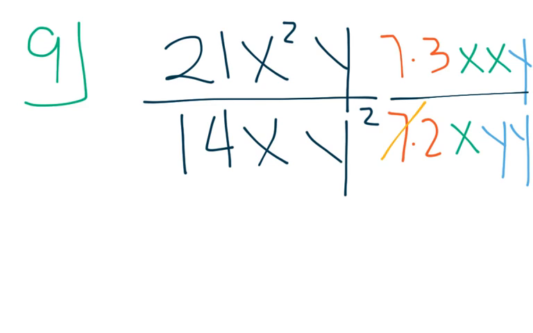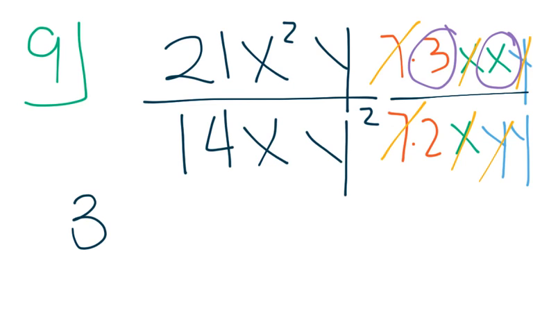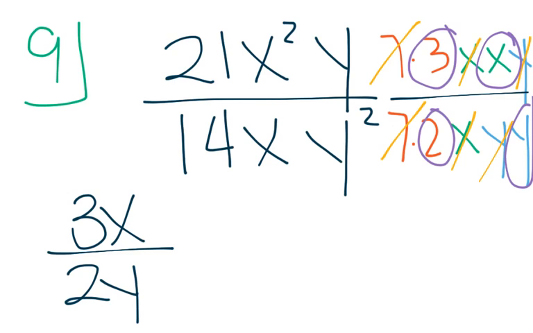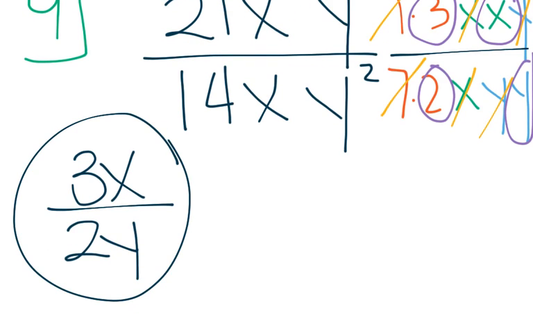We can cross out this 7 and this 7, this x and this x, and this y and this y. So on the top, what we have left is this 3 and this x. So 3 times x is 3x over this 2 and this y, and 2 times y is 2y. So this is our simplified expression.